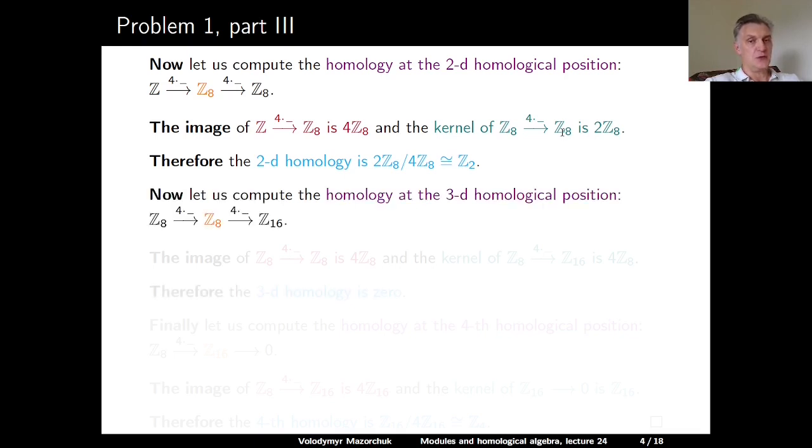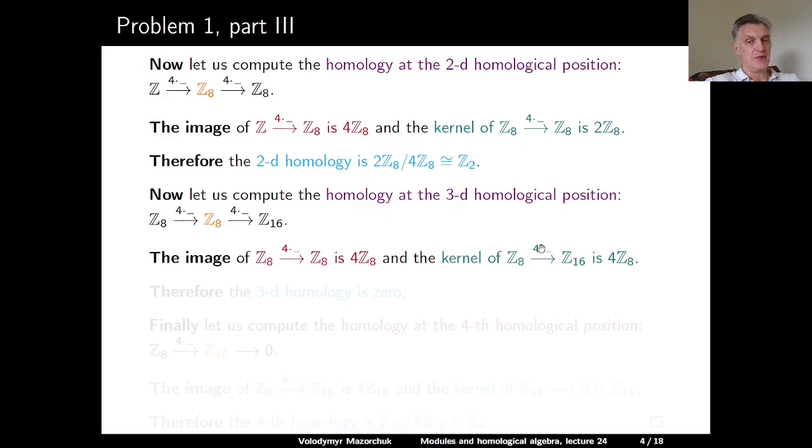Now let us compute the homology at the third homological position. There we have Z sub 8, and the incoming map is multiplication by 4 from Z sub 8, and the outgoing map is the multiplication by 4 into Z sub 16. The image of 4 times something from Z sub 8 to Z sub 8 is, of course, 4 times Z sub 8.